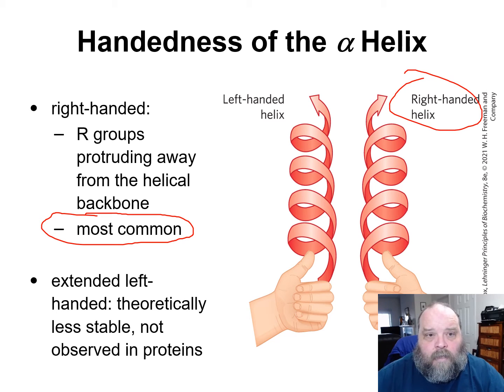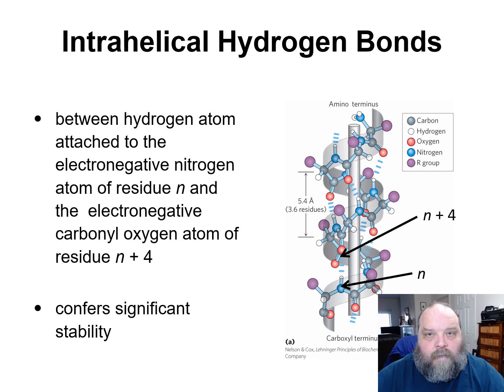Nine times out of ten or whatever the numbers are, don't quote me on that, the majority of the time when you're reading about an alpha helix, it's a right-hand twist.